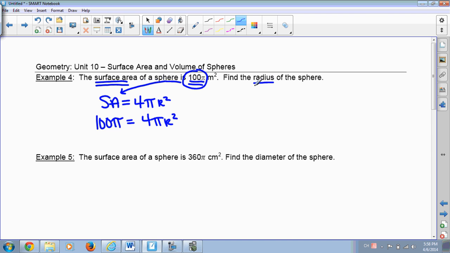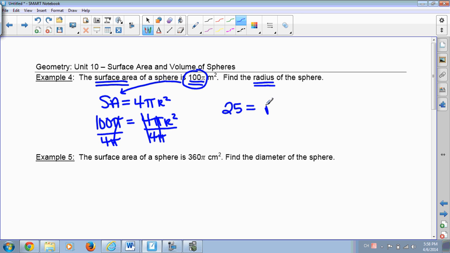We're looking for the radius, so we have to work backwards. We have to divide to get the r squared by itself. We need to divide by 4 pi on both sides. It's nice when you divide by pi because usually the pi's just cancel out, and the 4's cancel there. So 100 divided by 4 is all we have left, which is 25.